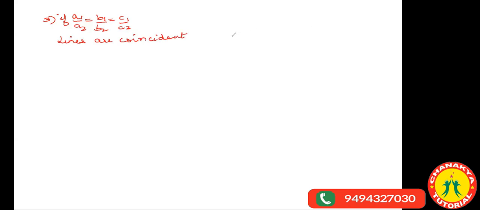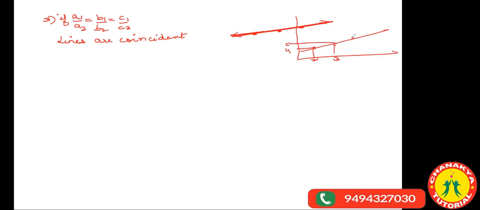Coincident line means, suppose one line is this, okay? Then the points of the second line will also lie on this. Suppose you have drawn a line like this. This point is 2, this is 4, this is 3, this is 6, this is 4, this is 8, and this is 5, and this is 10.